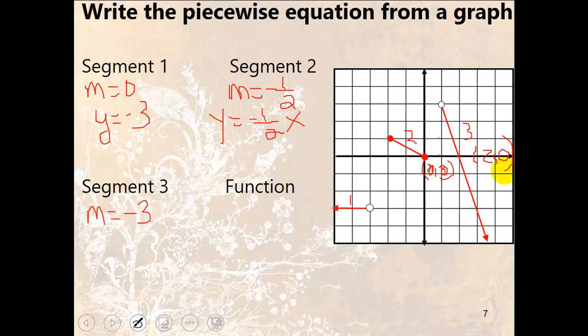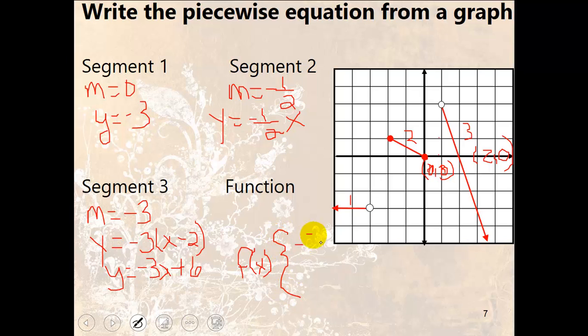And so I get y minus 0, so that's just y is equal to -3 times x minus 2. So I get y is equal to -3x plus 6.